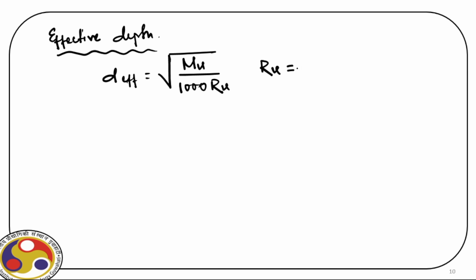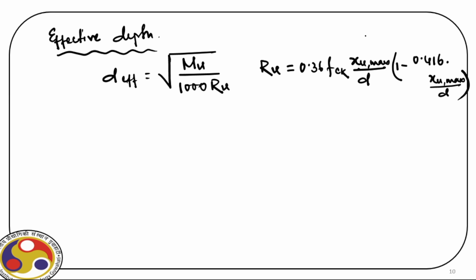It is 0.36 fck Xu max divided by d, then within bracket 1 minus 0.416 times Xu max divided by d.